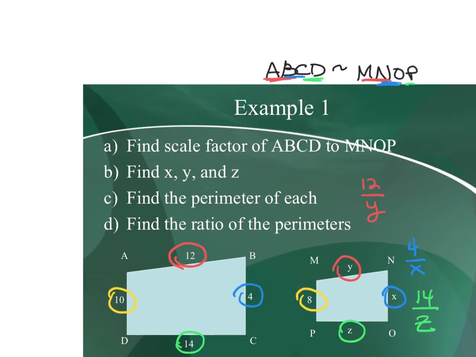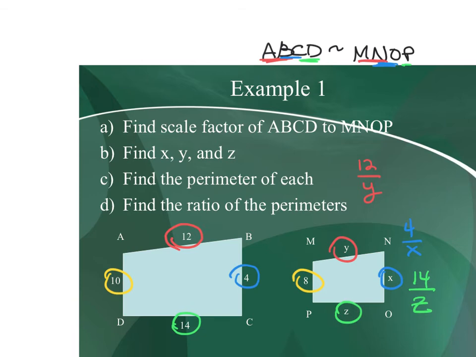So you're looking for the side that when you match them into the ratio, 10 to 8, this is going to be the scale factor. I'm going to reduce it because they both have numbers.